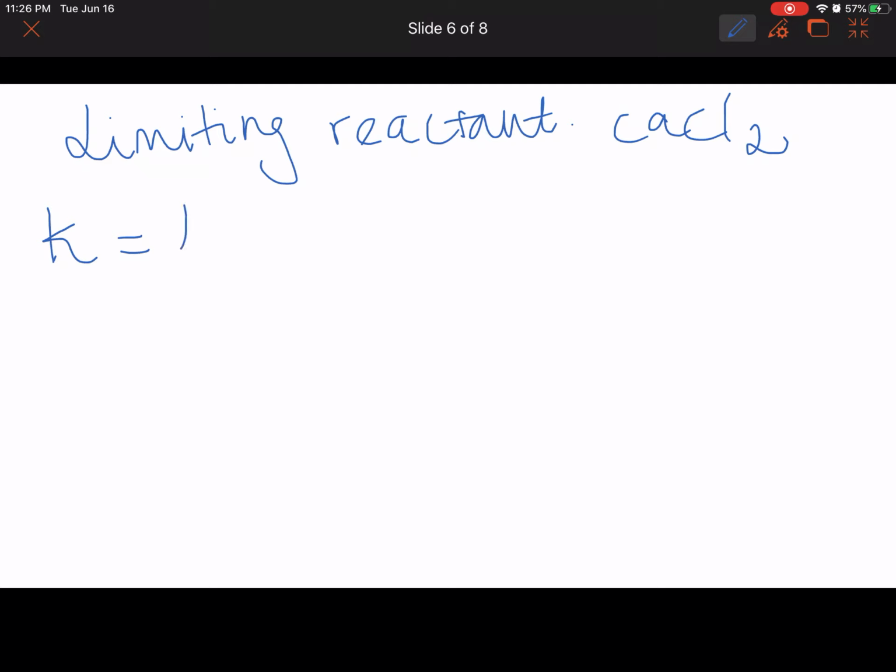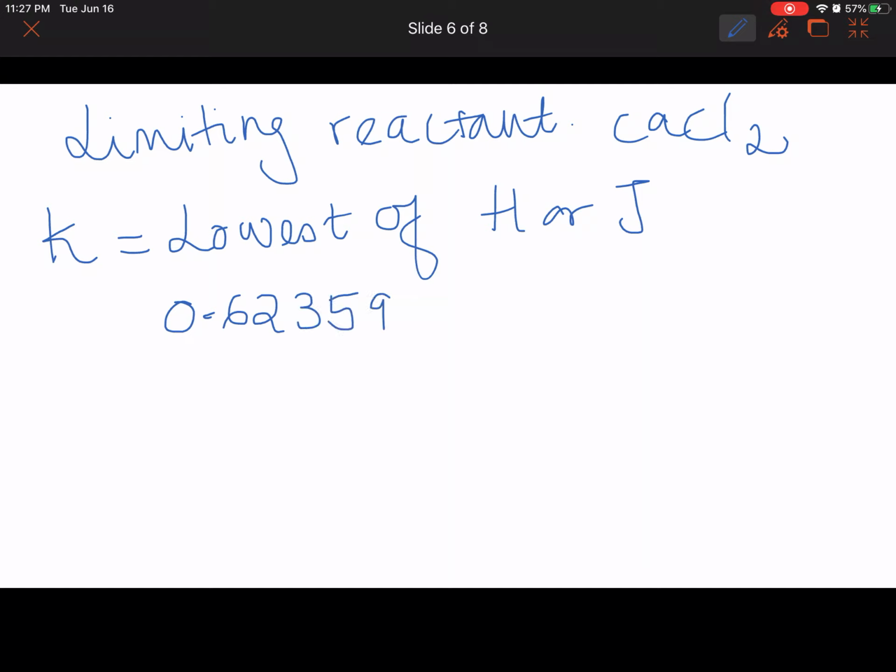So that's the lowest of, what are the letters for that? Lowest of H or J. In our case it became H, which is 0.6235 grams. Okay, that's K.